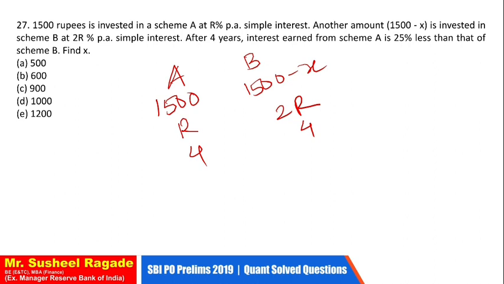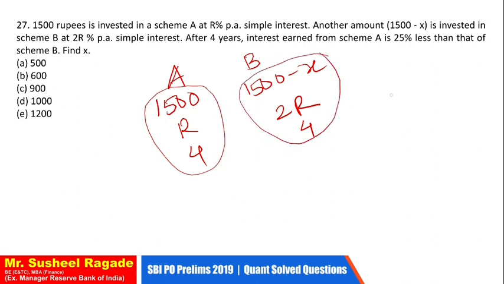So here PNR upon, so multiplication of this divided by multiplication of this is like interest earned in scheme A is 25% less than B. Suppose if interest earned here is 4, here it should be 3. So this is 25% less than.